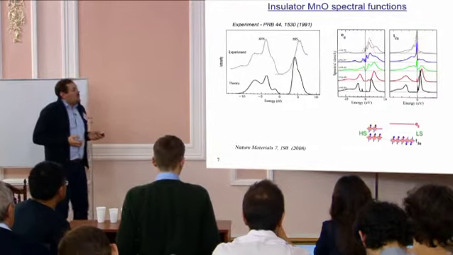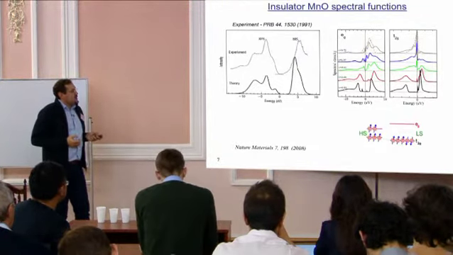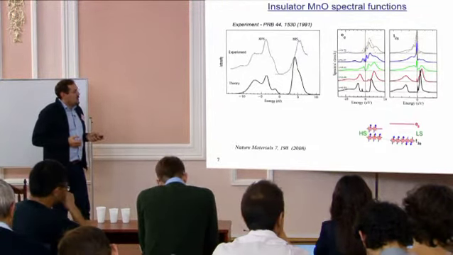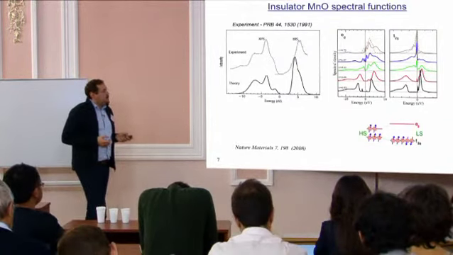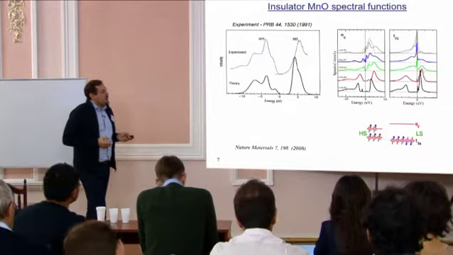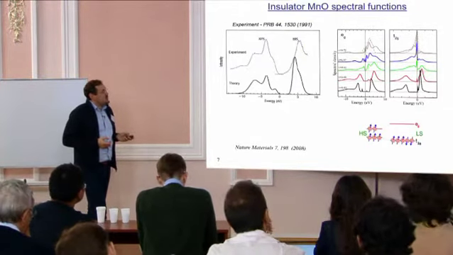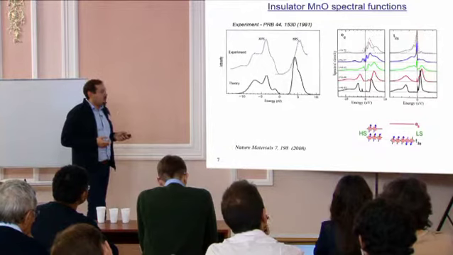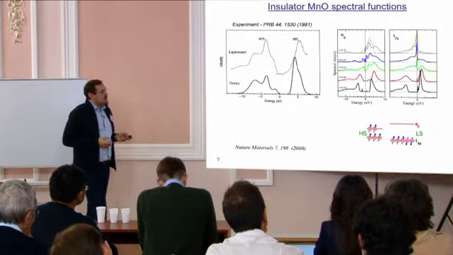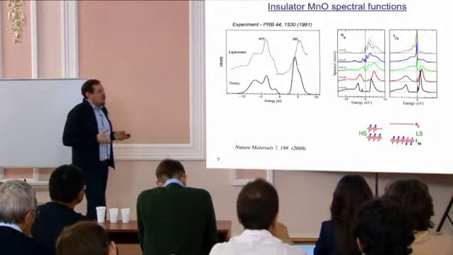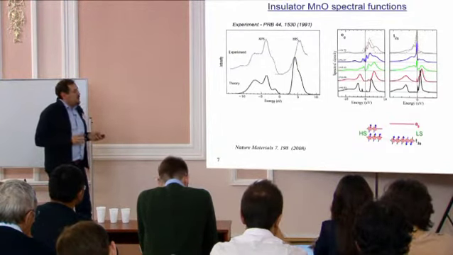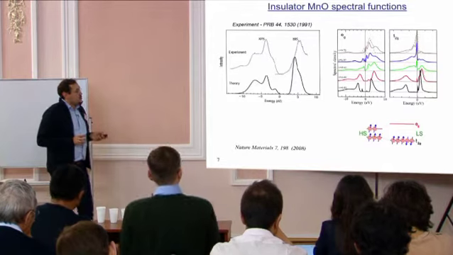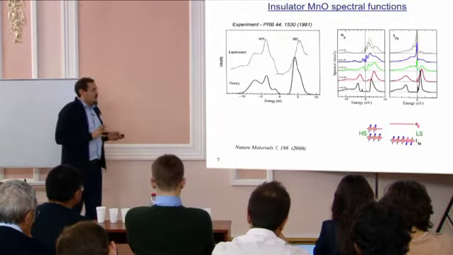As one can see, being an insulator, in manganese oxide the EG states are separated by some value, and the T2G states are also separated by some value, and they form a mixture in the conduction and valence band.